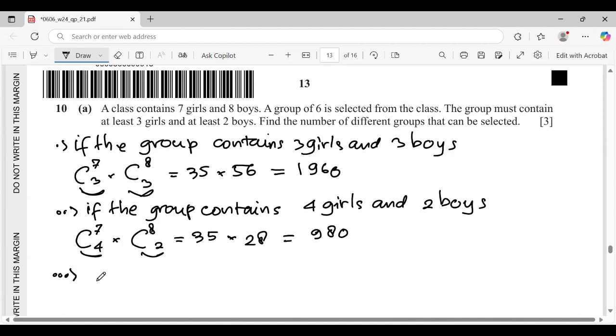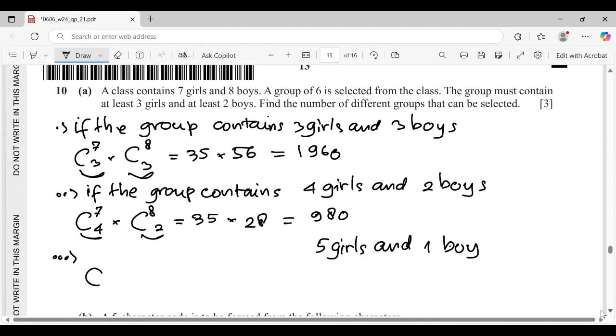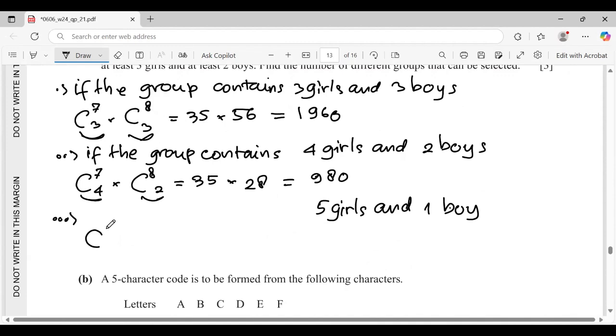And the third condition, if the group contains 5 girls and 1 boy, the combination becomes 7C5 times 8C1, and it is 21 times 8, 168.